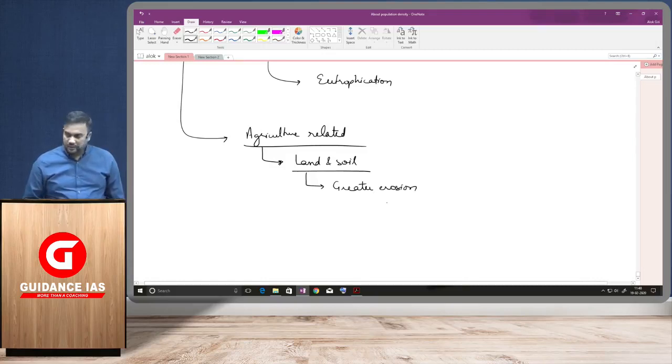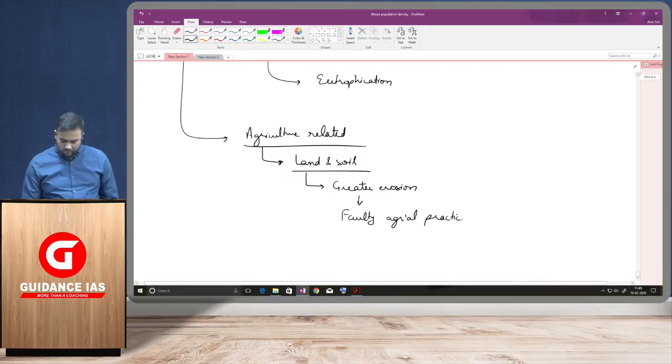This is the result of many faulty agricultural practices.